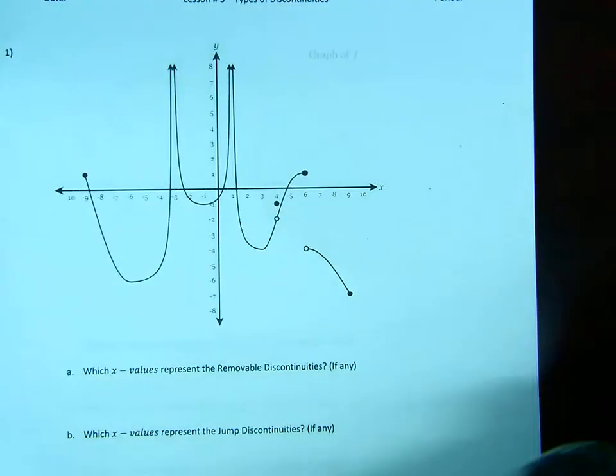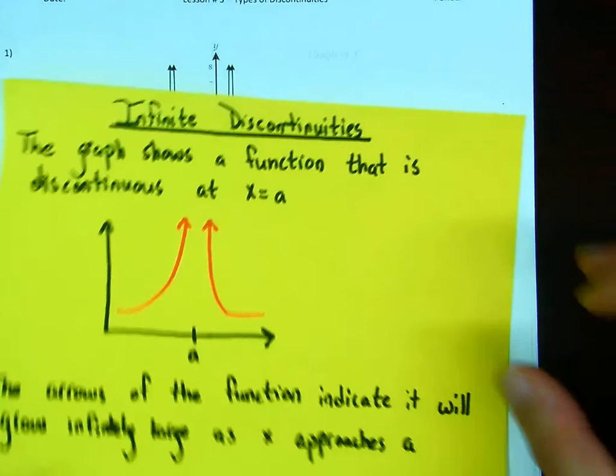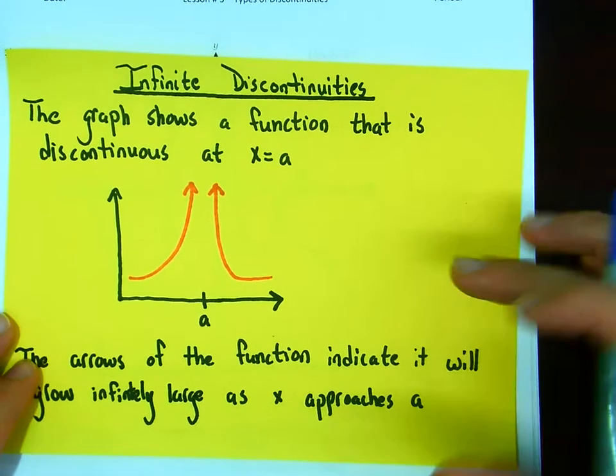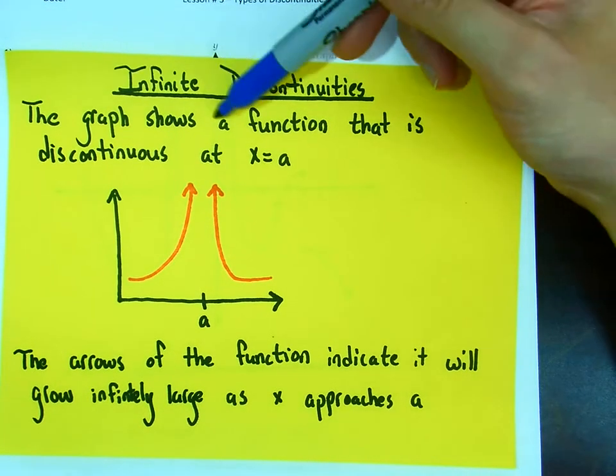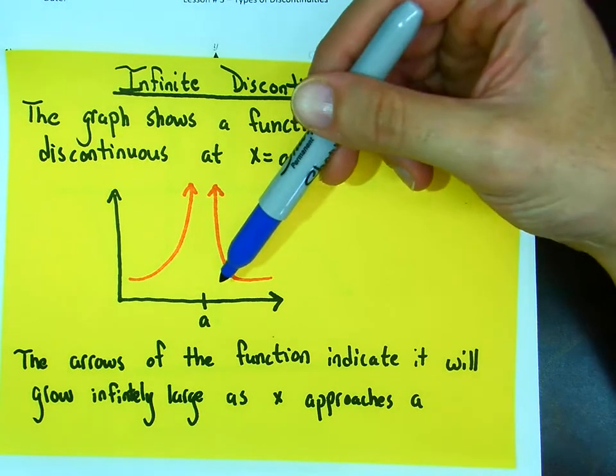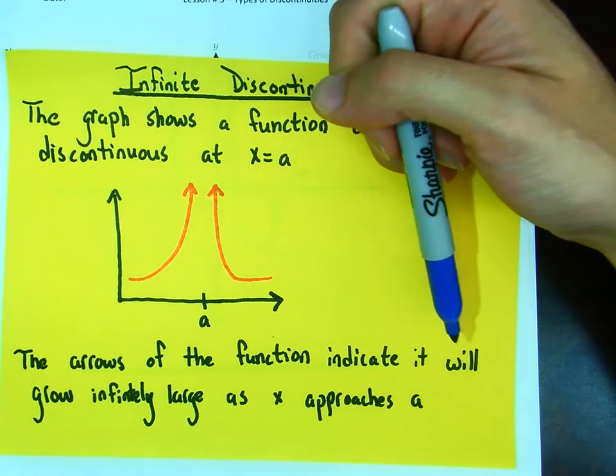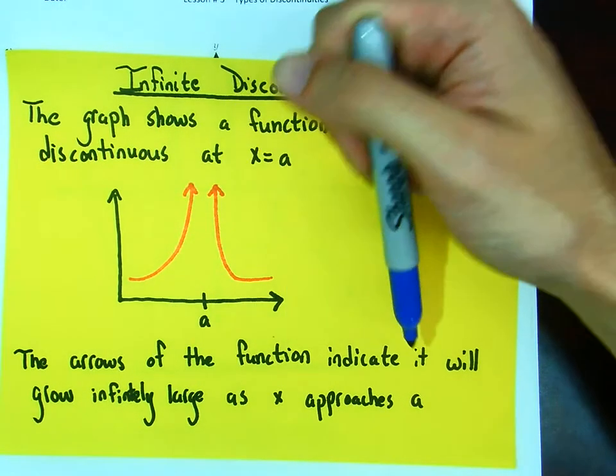For the next one, infinite discontinuities, the graph shows a function that is discontinuous at x equals a. The arrows of the function indicate that it will grow infinitely large as x approaches a.